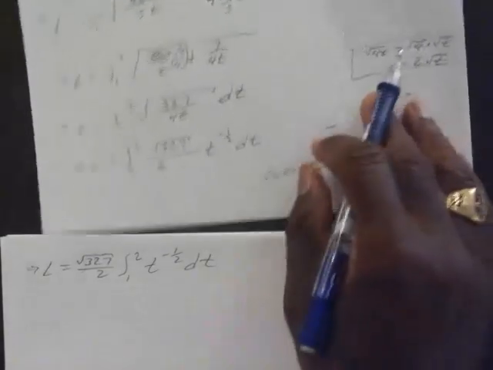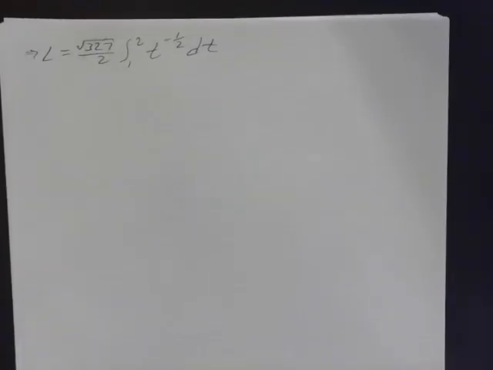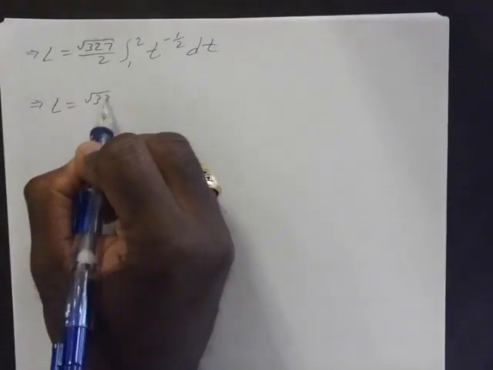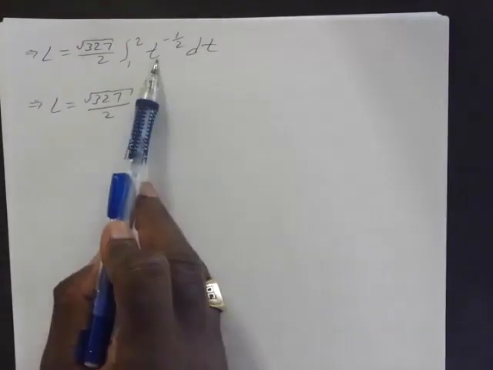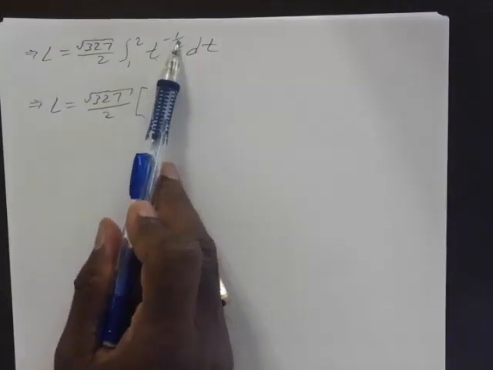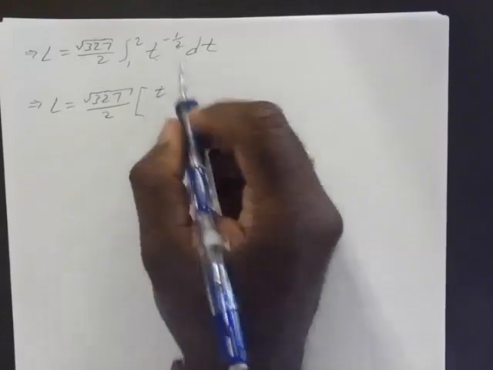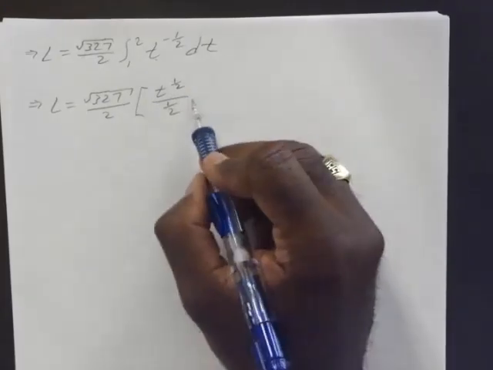Okay, so now we can integrate after all of that. So this integral would just be the square root of 327 divided by 2 times the integral of t to the negative 1/2 power, which is t to the negative 1/2 plus 1, which is 1/2, divided by 1/2.